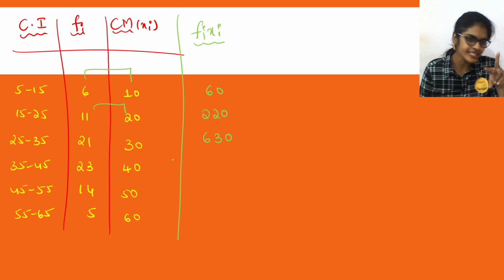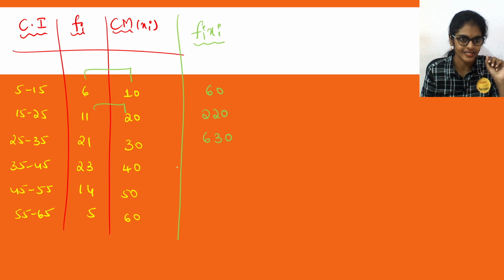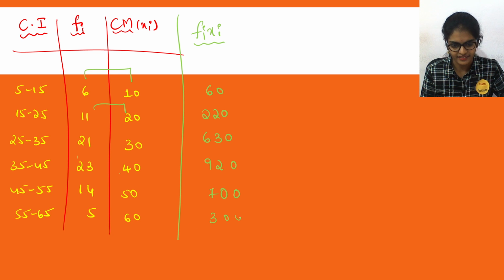That is the reason I told you let's directly take the product, because multiples of 10 you can directly do. 4 3s are 12, and 4 2s are 8 plus 1 is 9. It is 920. 14 into 5. So 14 into 5 is 70 and you have a 0, that is 700. And this is nothing but 300.